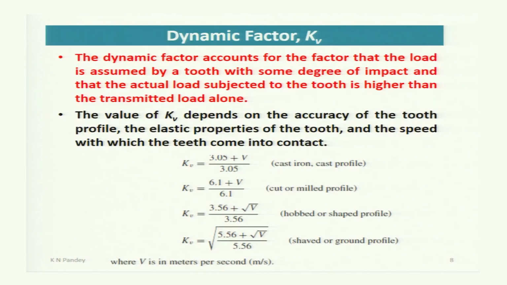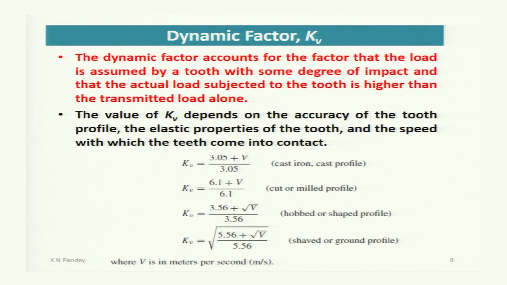Now, the next factor which is used to modify the Lewis bending equation is the dynamic factor. The dynamic factor accounts for the fact that the load is assumed by a tooth with some degree of impact, and that the actual load on the tooth is higher than the transmitted load alone.